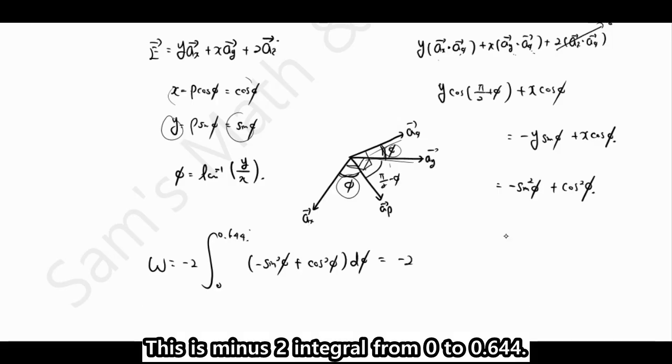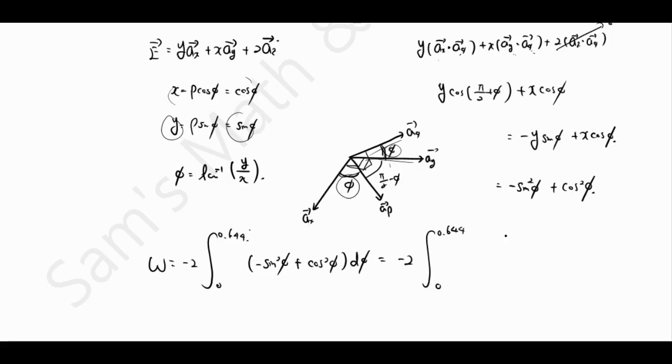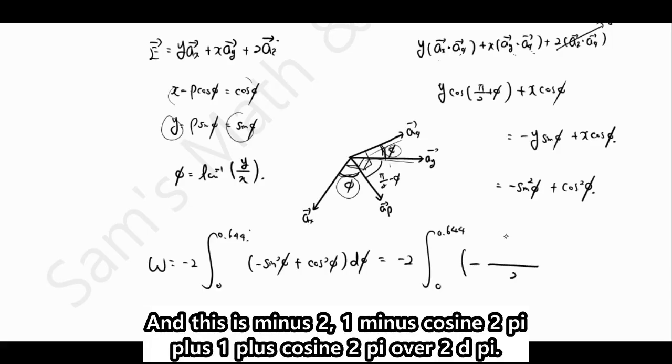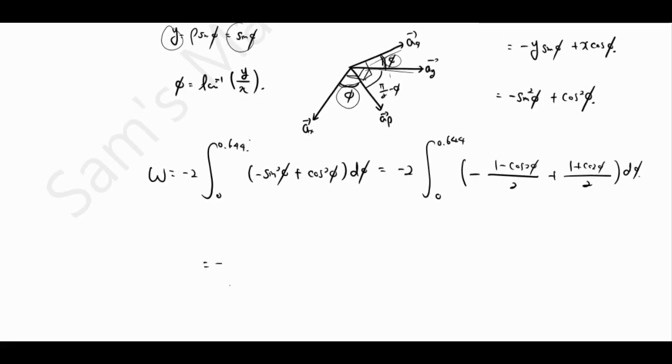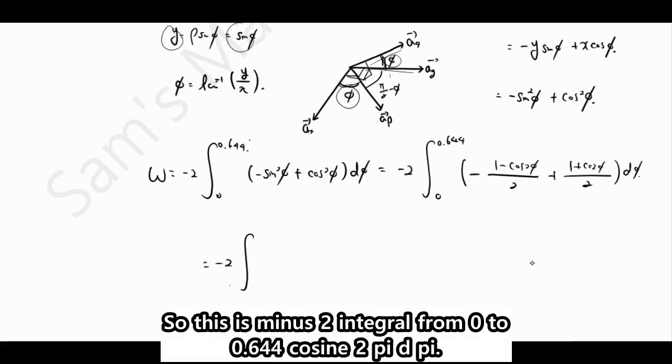This is minus 2 integral from 0 to 0.644, and this is minus 2, 1 minus cosine 2 phi plus 1 plus cosine 2 phi over 2 d phi. So this is minus 2 integral from 0 to 0.644 cosine 2 phi d phi.